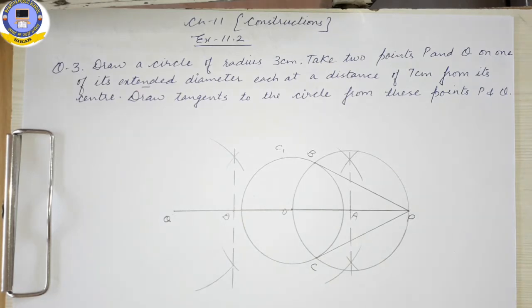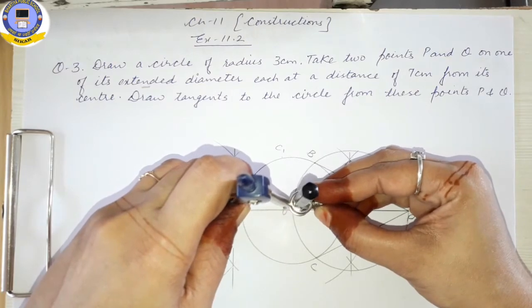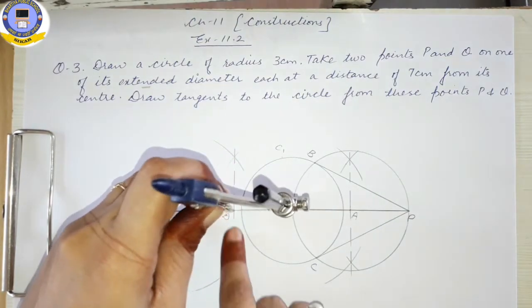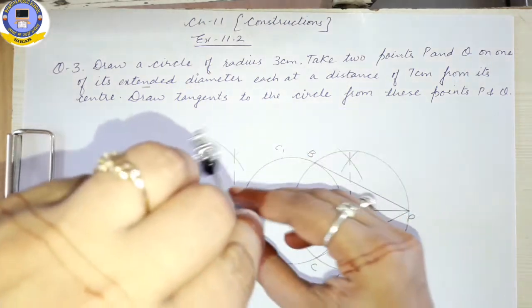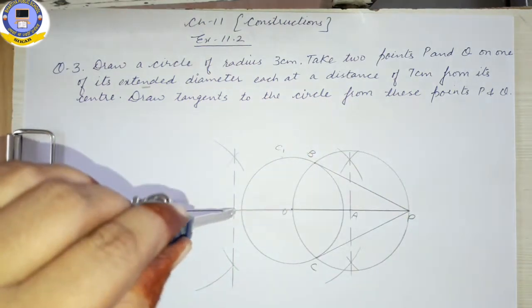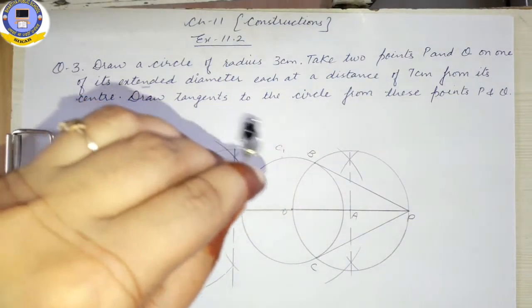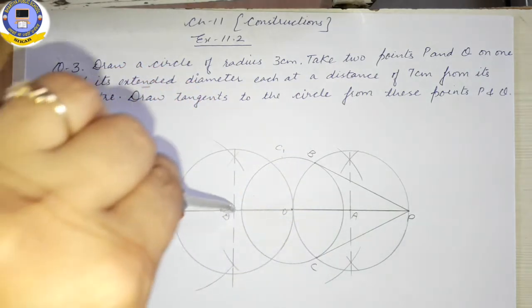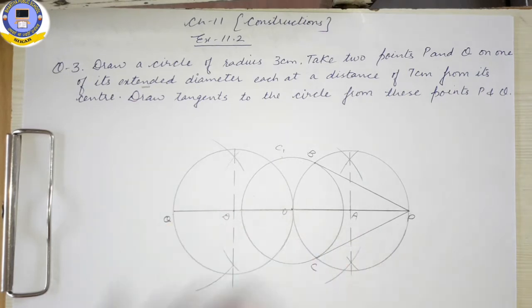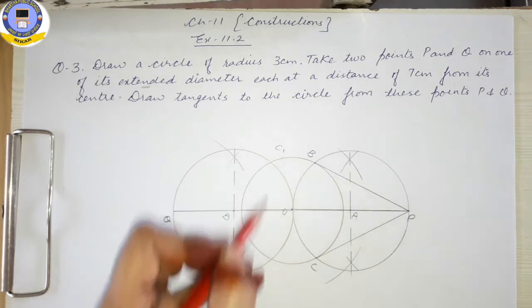Now taking D as center and DO as radius. Same thing as 10th class, taking D as center and DO as radius or DQ as radius, both are same thing. आप DO रेडियस ले लीजिए और DQ रेडियस ले लीजिए, एक ही बात है. Draw a circle which must pass through O and Q. Now this new circle has also intersected our previous circle C1 at two distinct points.